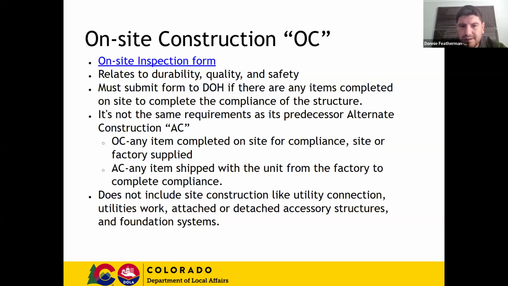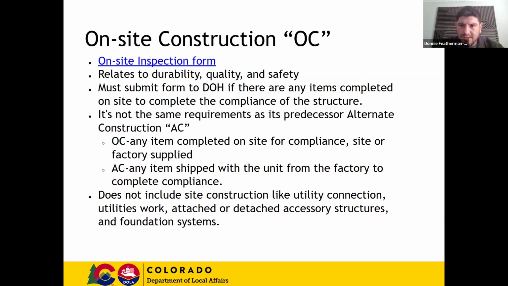AC was different. Although it was similar, where the items came from is where it was different. AC is any item that was shipped with the unit from the factory to complete the compliance of the unit. In the past, when a manufacturer did not have an AC item, that would fall under the local jurisdiction for review and approval, because that item would be installed on site and not considered part of the factory built structure program.